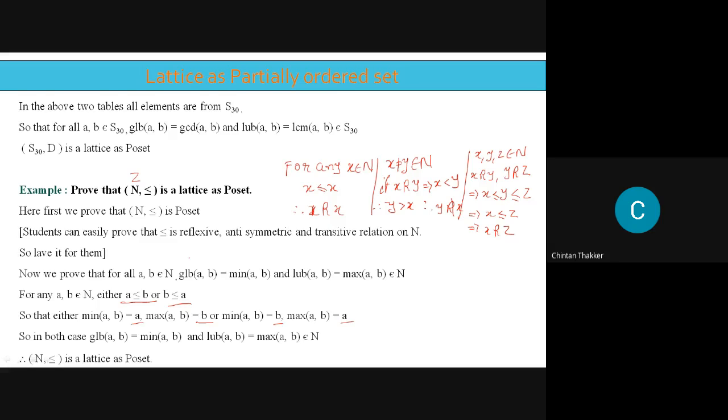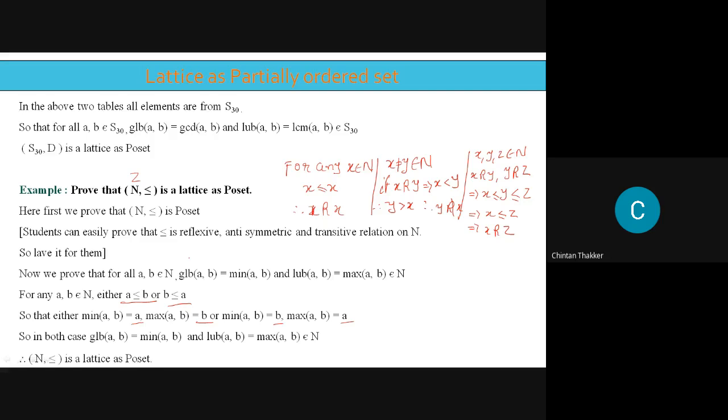Just replace capital N by capital Z, and the remaining is all the same. So just prove that N with less than or equal to is a lattice as a poset. So we complete the two relations.